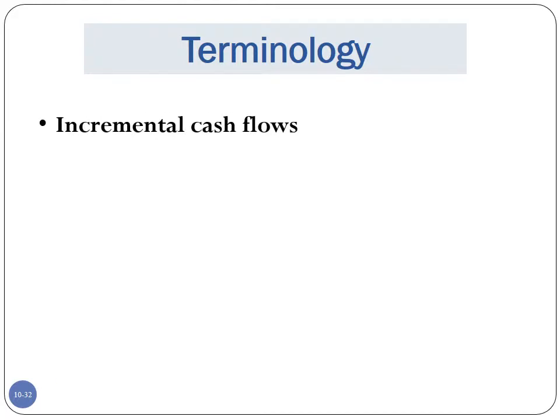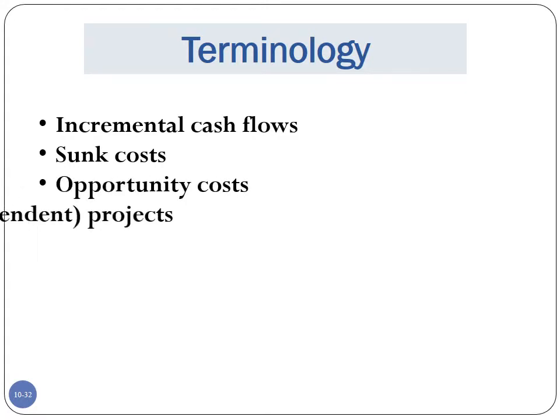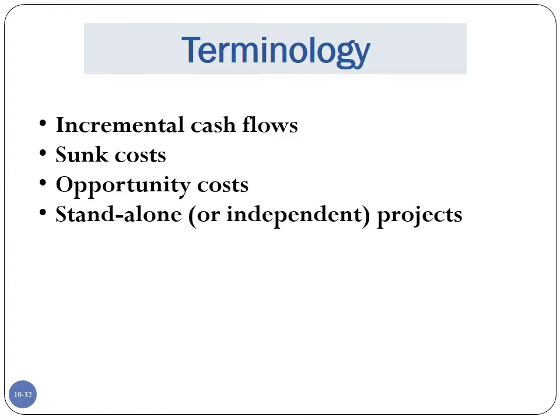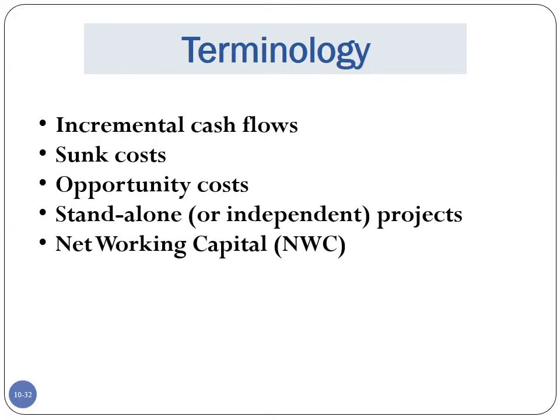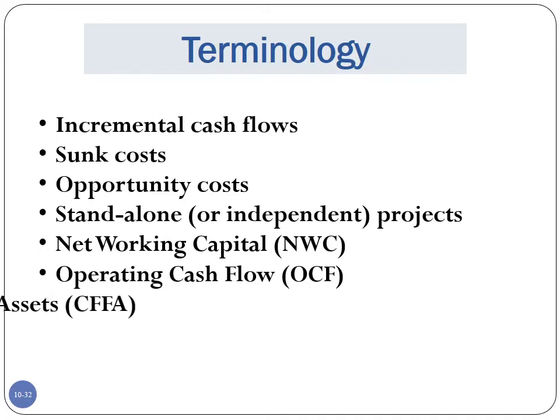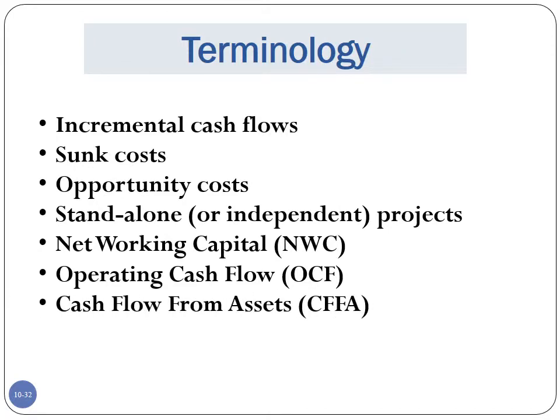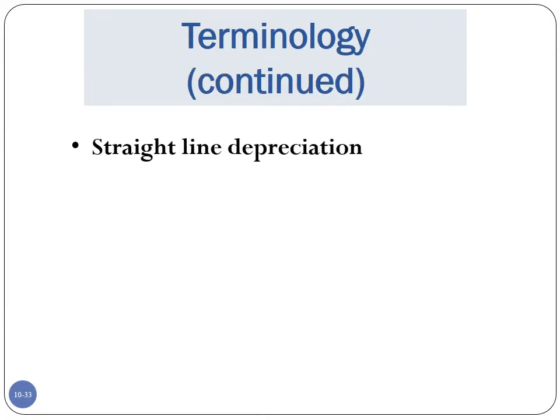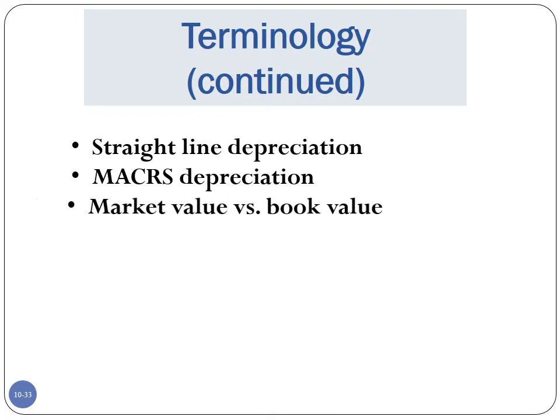So our terminology for this chapter: we need to understand incremental cash flows, sunk costs, and opportunity costs from the economics part of the class; standalone or independent projects; net working capital, go back to chapter 1; operating cash flow, chapter 1; cash flow from assets; straight line depreciation versus MACRS depreciation, what are they, how are they different?